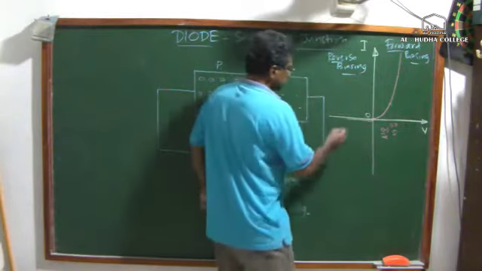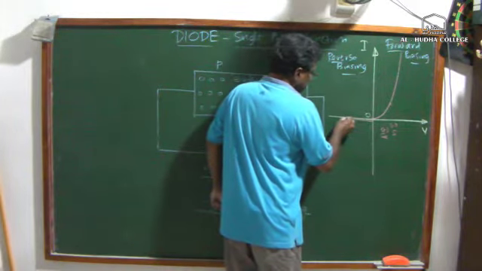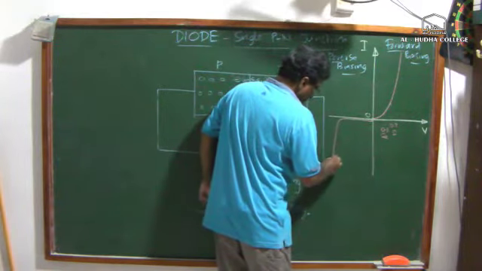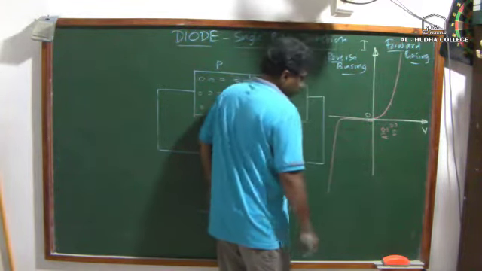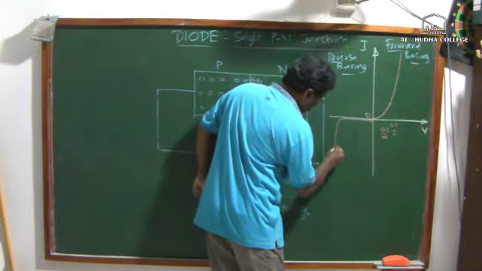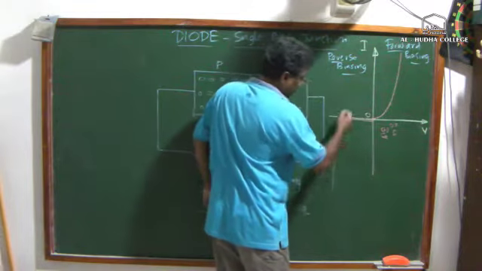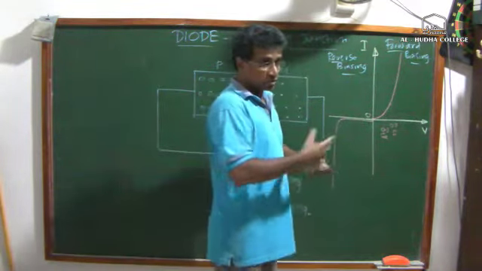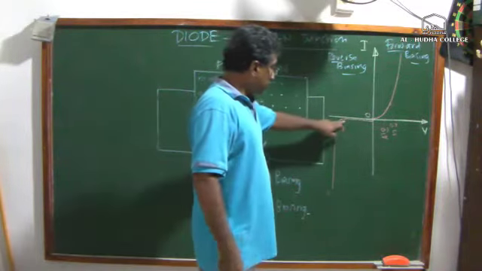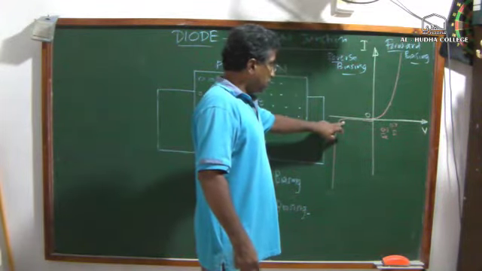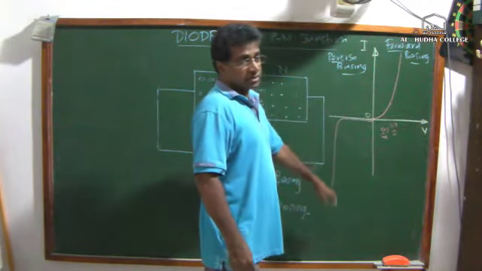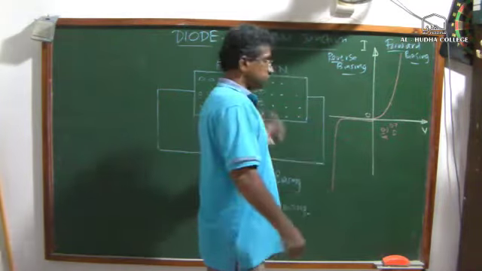Beyond a certain voltage the current will suddenly increase in the negative direction, and it is very steep because the number of electrons produced suddenly increases. A large current starts flowing and it will damage the diode, the PN junction.